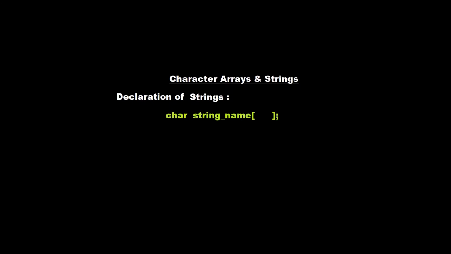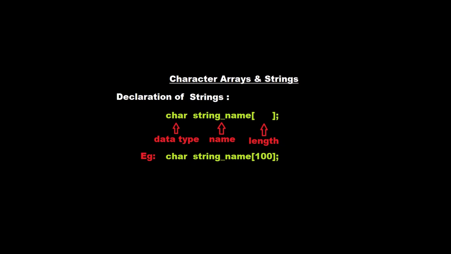As you can see on the screen, the declaration looks like this: char, string name, followed by the length. Here char is the data type, and then we have the name of the string followed by the length. Let me give you an example. Suppose char string name followed by 100 inside square brackets.